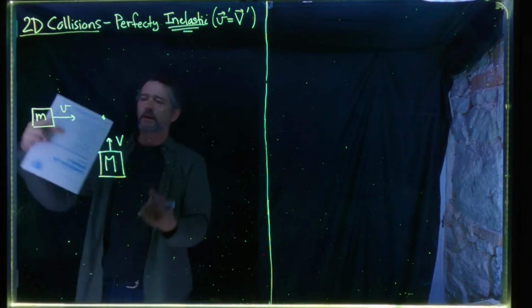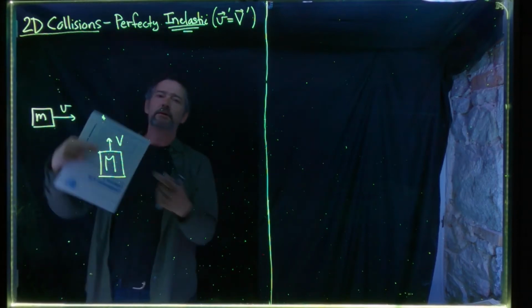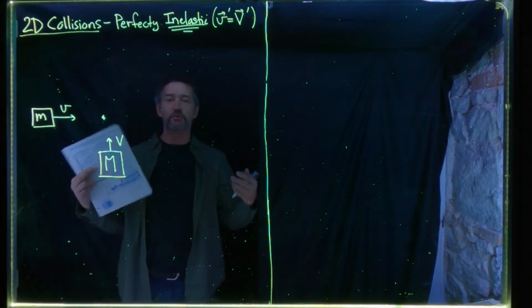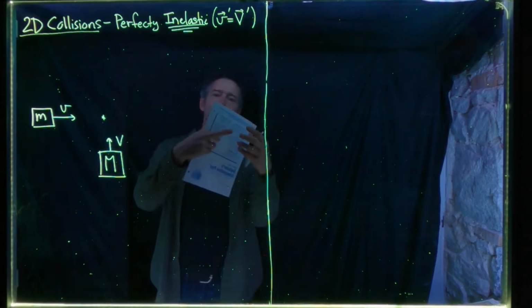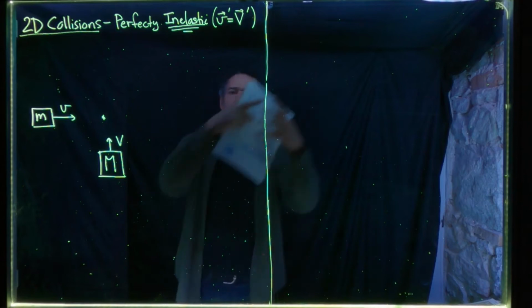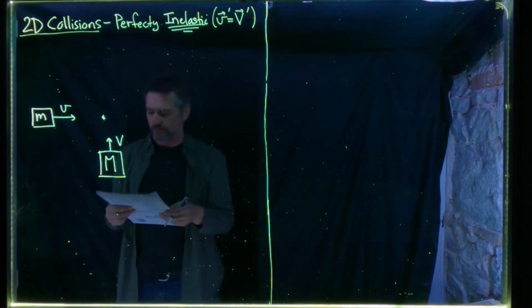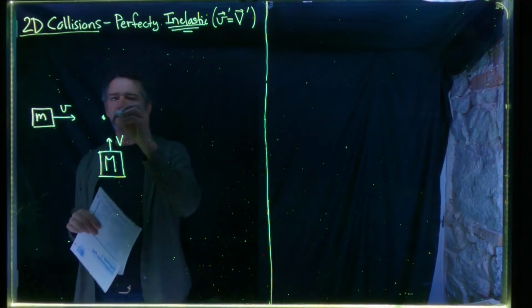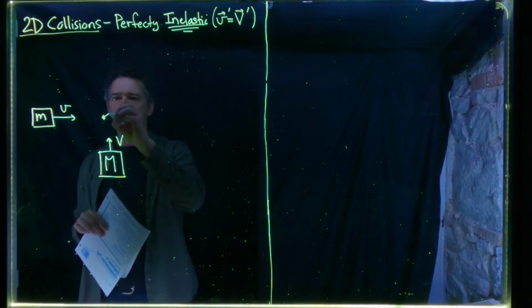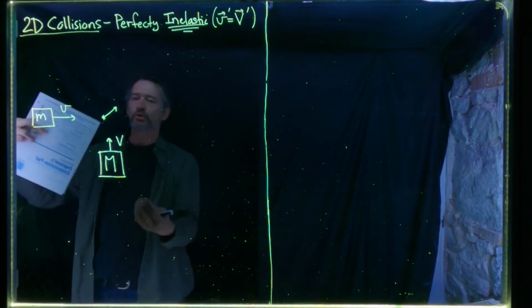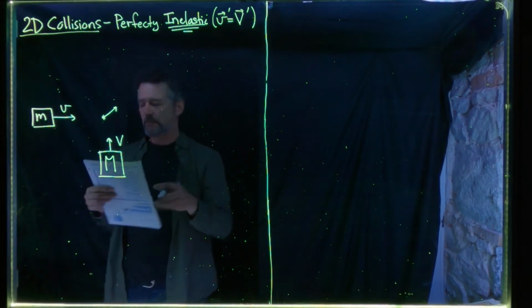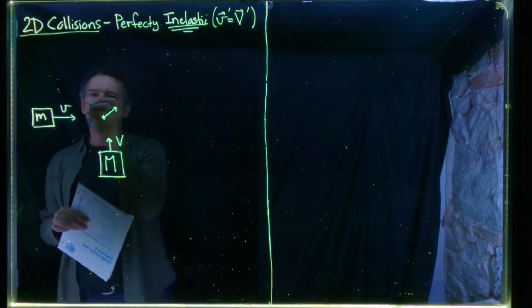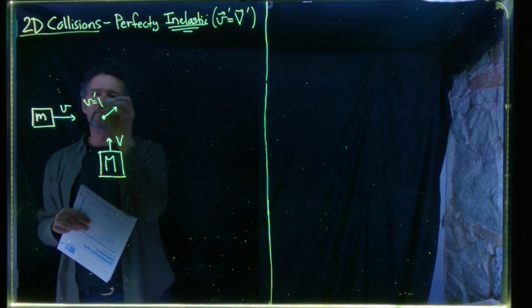Okay, and then when these two objects collide, we will imagine the situation is they collide, all the metal gets crumpled up and so on, and the two of them are stuck together and they slide off in some direction. Immediately after the collision, the two objects are stuck together and they're moving with some speed, v prime equal big V prime.